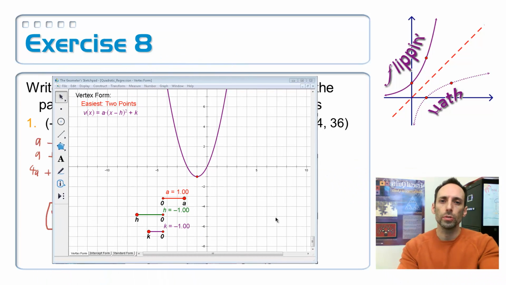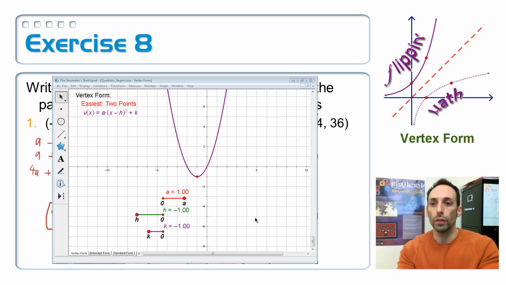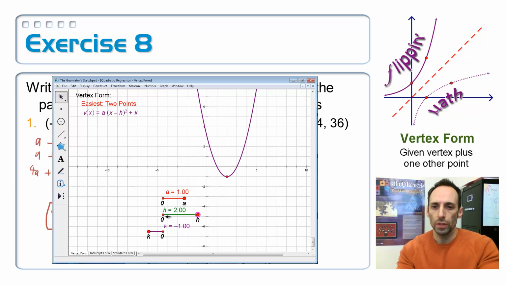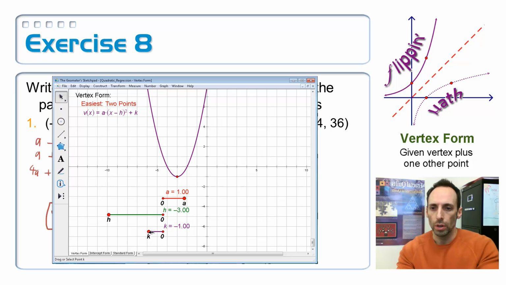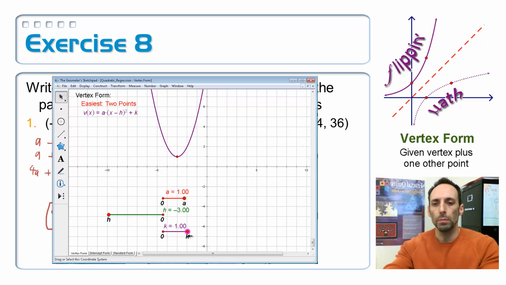So in this little Geometry Sketchpad demo, the first one that I have here is the vertex model. It was the easiest one. So I would be given my h and my k value, so I can move this wherever I want to. Here's my h and my k, so I'm given my vertex. Now that's not enough. It doesn't define a parabola with just the h and the k, because how many parabolas have that coordinate?